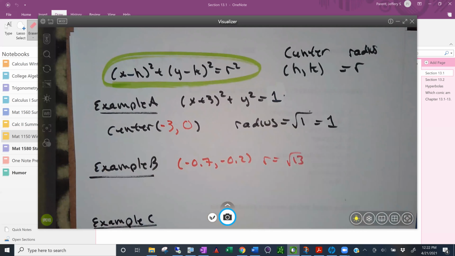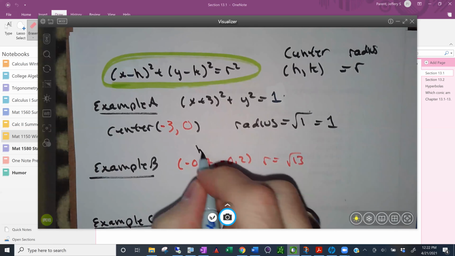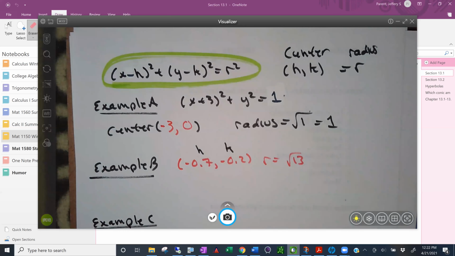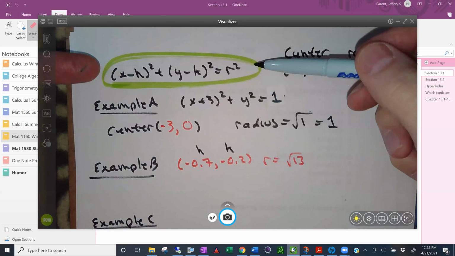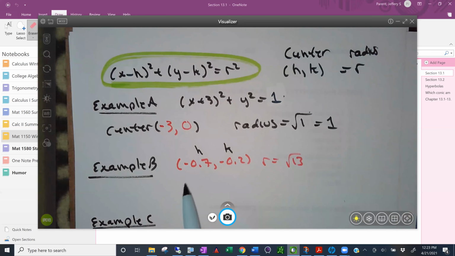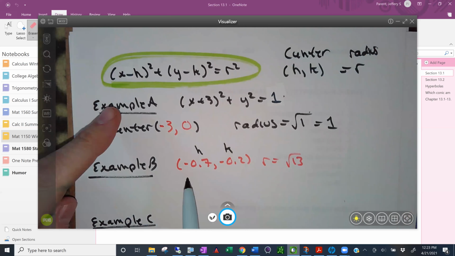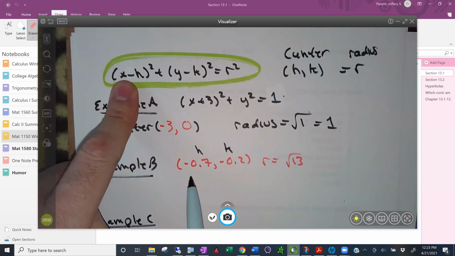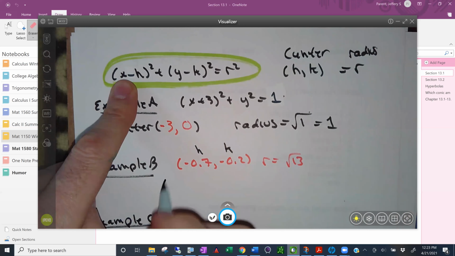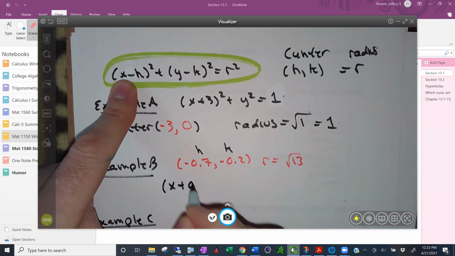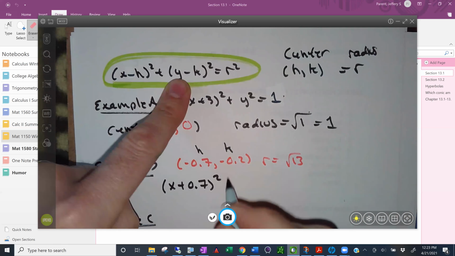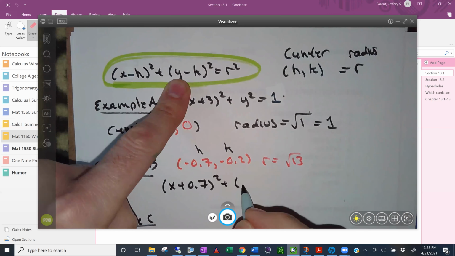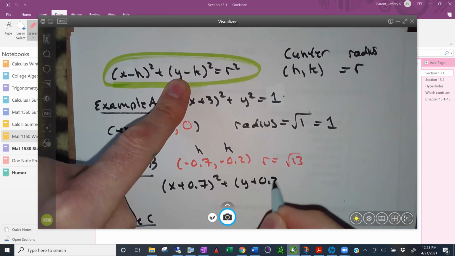Now, sometimes they ask these problems in kind of a reverse order. Sometimes they'll give you H and K, and then your job is to plug those into this equation. I'm going to plug it in and simplify it all in one stroke, because x minus -0.7, that double negative becomes a positive. So it's going to be x plus 0.7 squared. And likewise here with the y's, y minus -0.2 becomes y plus 0.2, still squared.